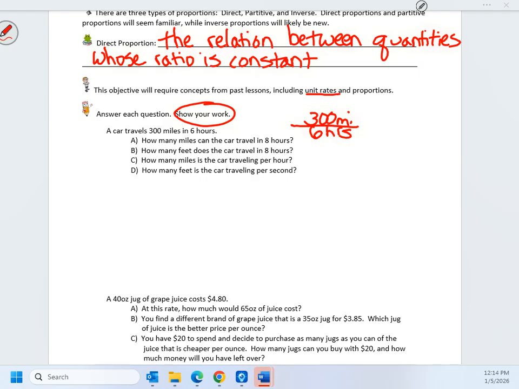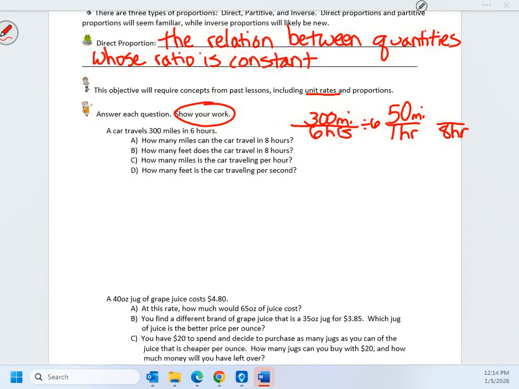So the first thing we want to do is say, what is our unit rate? And then we can multiply it up. Remember that unit rate, we want the 1 on the bottom for 1 hour. So we're dividing it by 6. What is 300 divided by 6? 50. So we can go 50 miles in 1 hour. Now I can go up to 8 hours.